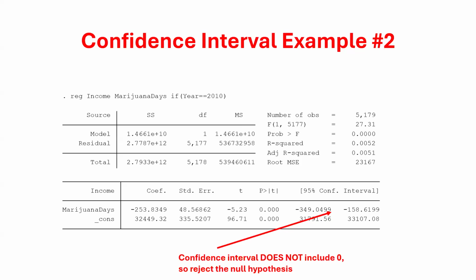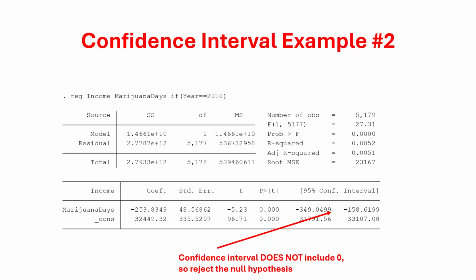But if we did want to test other values, could I do a hypothesis test for negative 100 here? Yes. The test statistic and p-value always use an assumed true value of zero. But with my confidence interval, any assumed true value in this range, I would fail to reject.